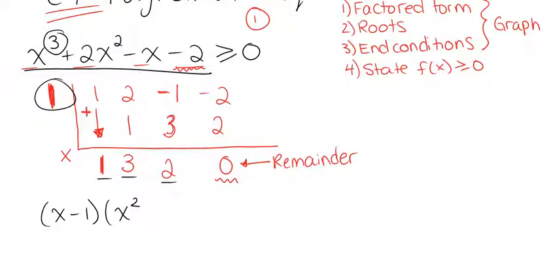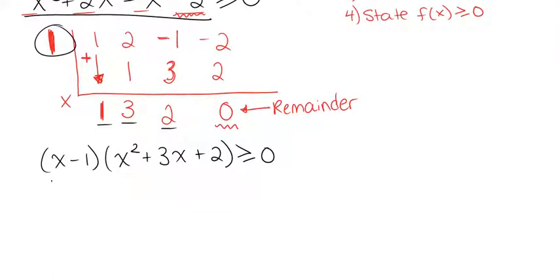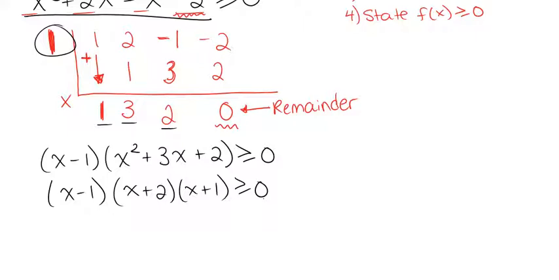So now I've got x squared plus 3x plus 2 is greater than or equal to 0. Then I want to take it to fully factored form. It's just a simple trinomial, two numbers that multiply to 2 and add to 3, which gives x plus 2 and x plus 1. So I've fully factored it.